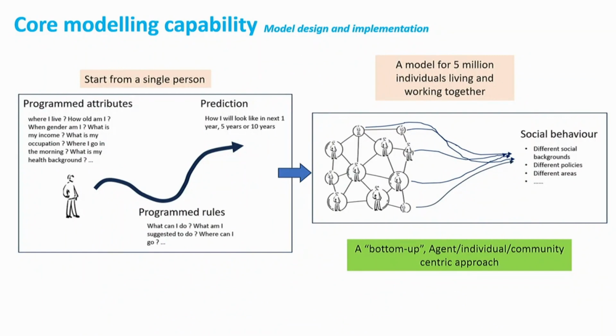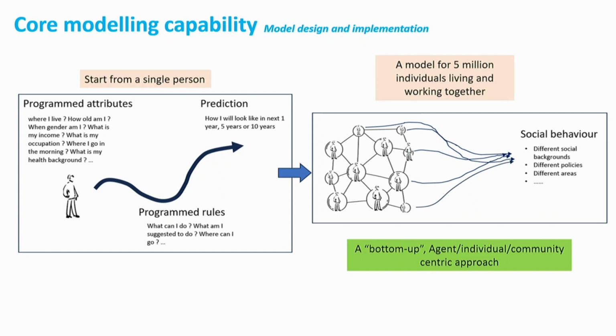So what's the core modeling capability? Probably you're familiar with agent-based models. Essentially, it starts from a single person. That single person is just like a real person, like all of us. We have age, gender, and income. We have a bunch of attributes. We have our health background, and we actually interact with each other.